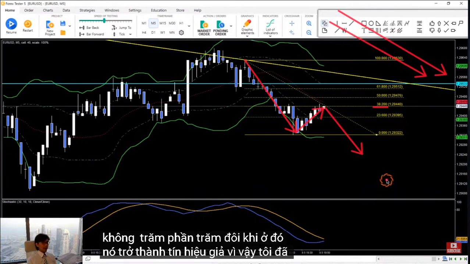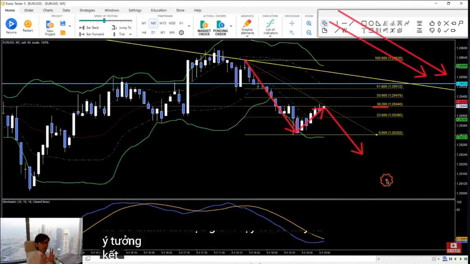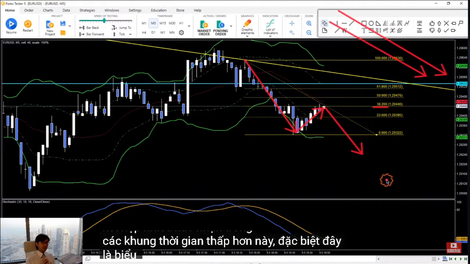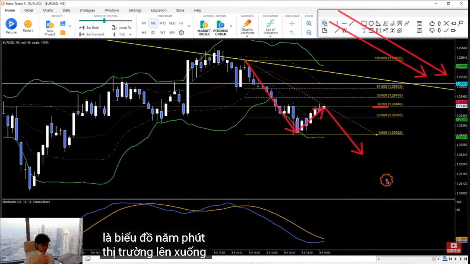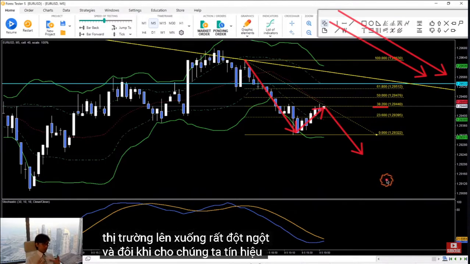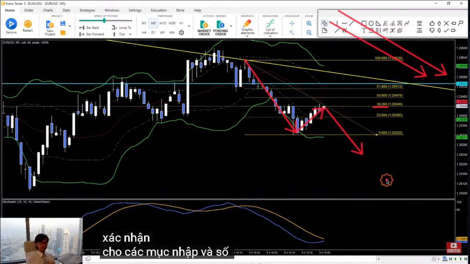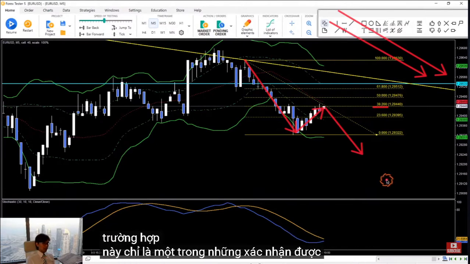So I came up with the idea of combining multiple confirmations in these lower time frames. Especially this is a 5-minute chart. The market goes up and down, very spiky, and sometimes gives us fake signals. So it's better to have multiple confirmations for entries. And the Fibonacci bounce in this case is just one of the confirmations.